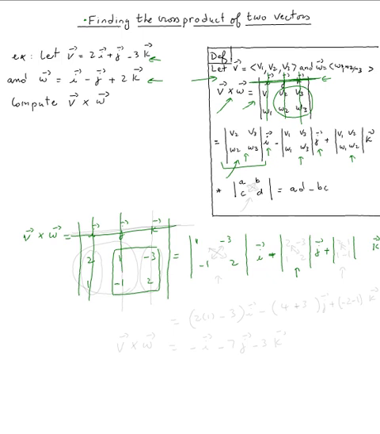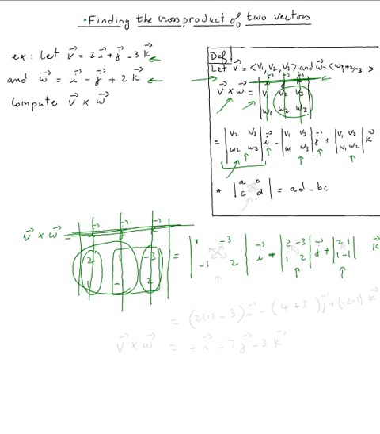We go to j, so we don't choose this column and this row, and whatever is left is 2, 1, negative 3, 2. And then same thing, what goes in here? We go to k and we cross out this line and this line. Whatever is left is this determinant, so it's 2, 1, 1, negative 1.